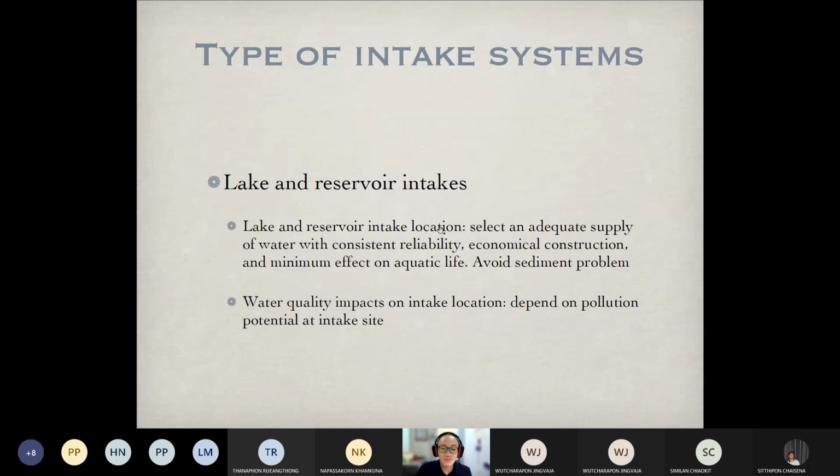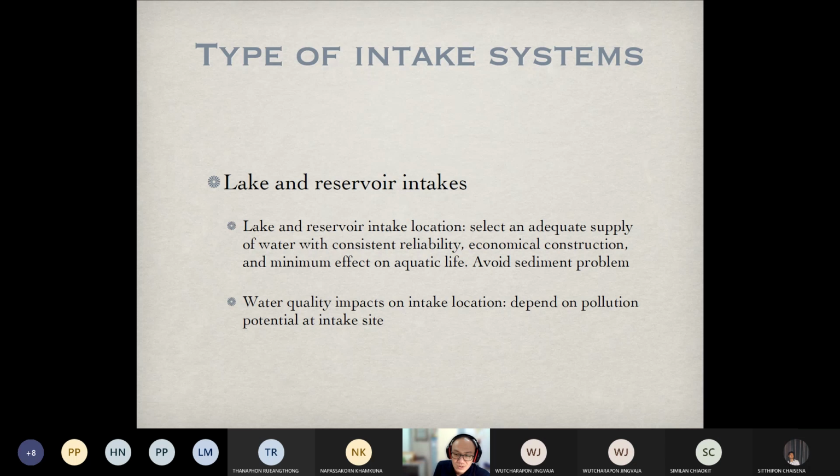For lake and reservoir, the location should be able to supply sufficient quantities of water with a consistent reliability.